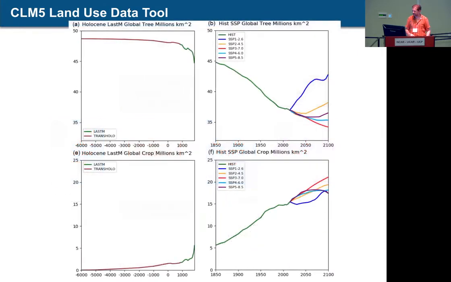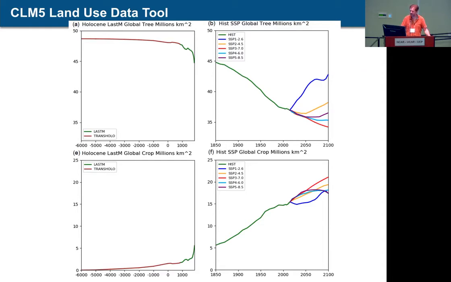So what does this look like? What sort of time series do we look at? Because we're doing CMIP6 transient Holocene, we took this back to 6,000 years before Common Era to have a starting point. And then we annually looked at changes in the vegetation distributions and the agricultural production.